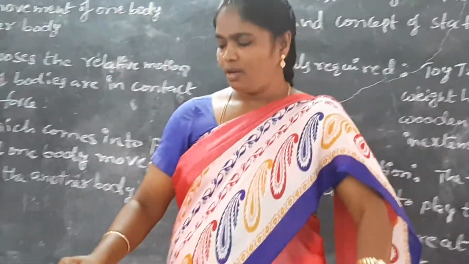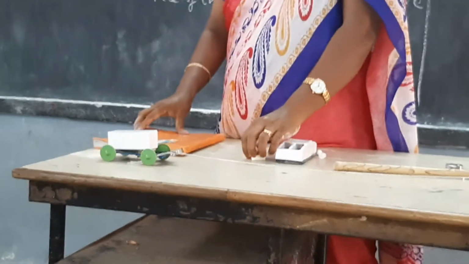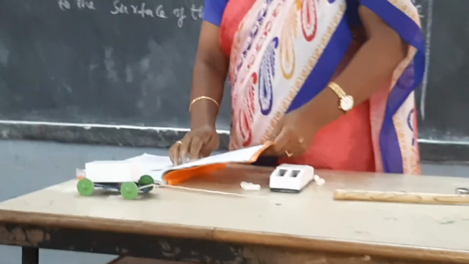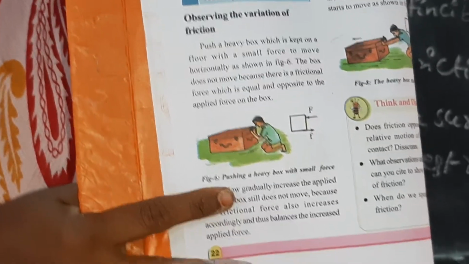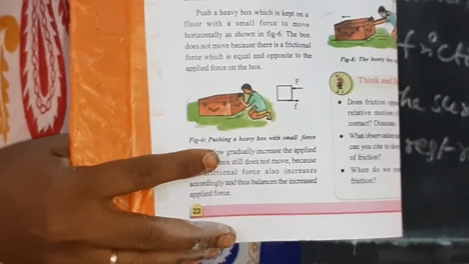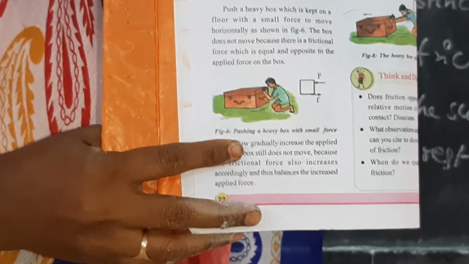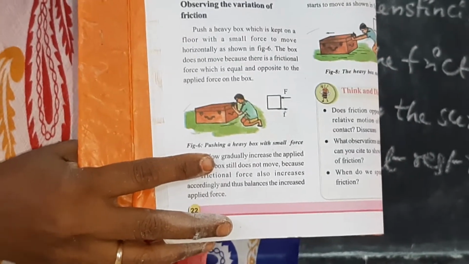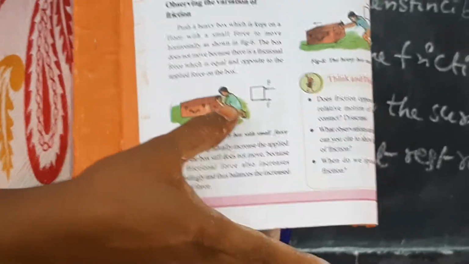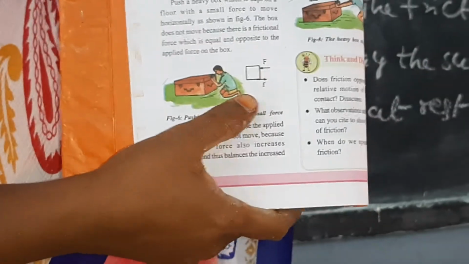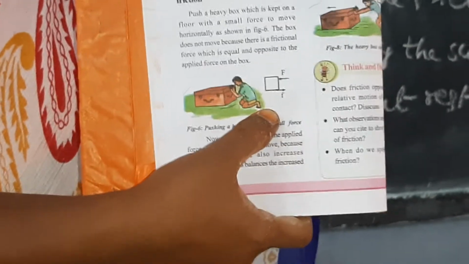Now we are observing the variation of friction. See the first picture. A boy tries to push a heavy box, but there is no change in the position of the box because the frictional force is equal to the applied force.